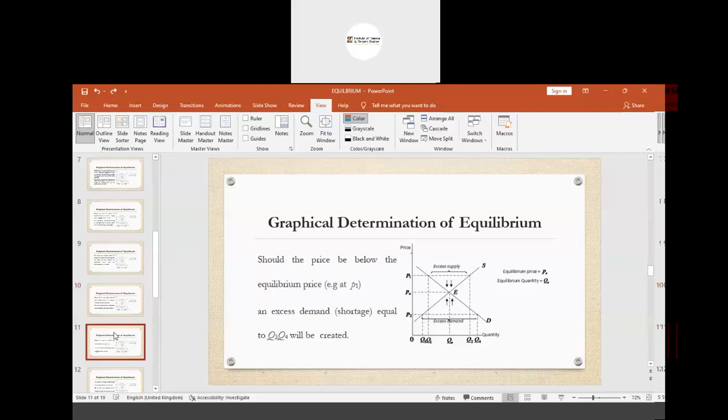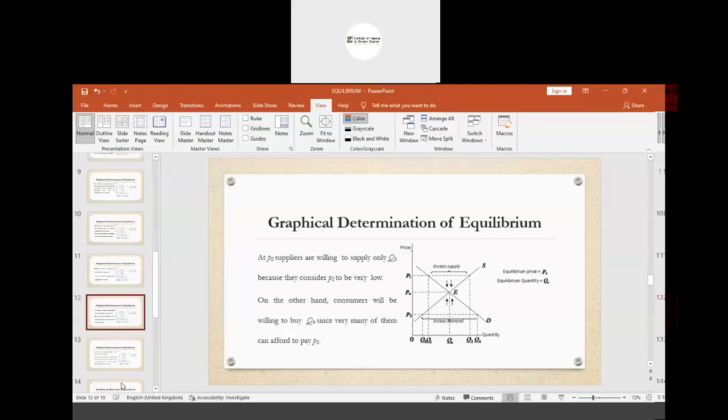It's possible that disequilibrium would have arisen as a result of price going below the equilibrium price, probably price P2, thus creating excess demand or shortages.